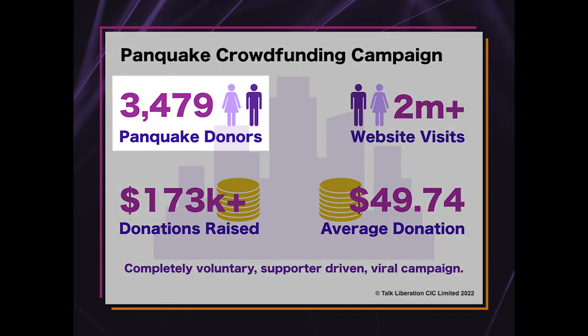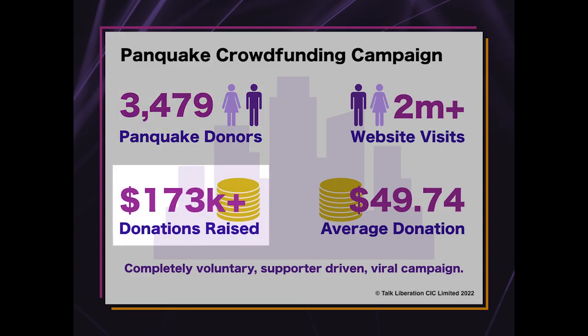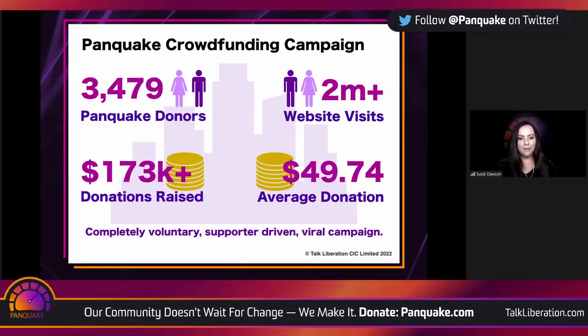So far, 3,479 people have donated to our campaign, which is just off the charts. Together, you've raised $173,000 US. And that is how we've been able to hire top talent that bring amazing design skills and coding skills to our team.